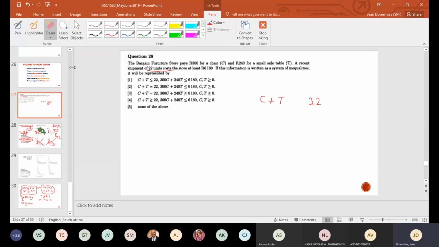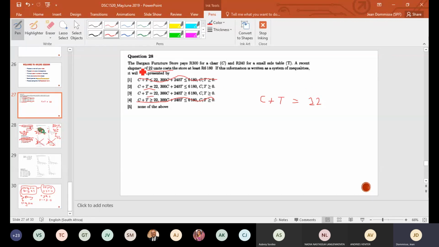A recent shipment of 22 units. So it is exactly 22 units. Okay, so then option 1 I can eliminate. Option 2 I can eliminate. Option 4 I can eliminate. So it's that one or that one.